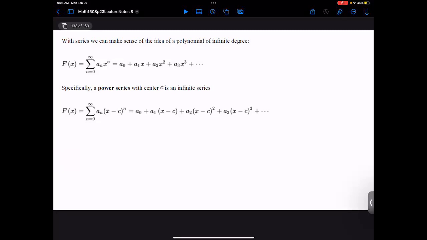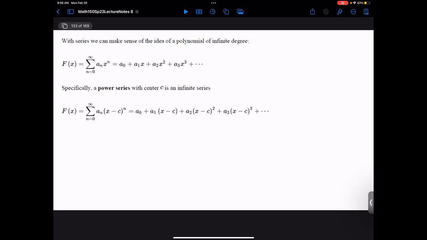Well, we don't have to expand things about x equals 0. We could expand things about another point, x equals c, and then just write the expansion in terms of the functions 1, (x minus c), (x minus c) squared, and so on. This has the advantage of letting you shift to where the action is. If the action is happening at c, let me expand about what's going on at c.